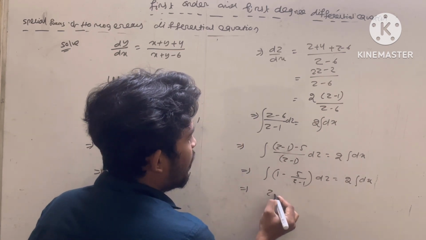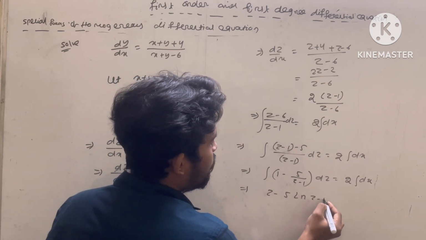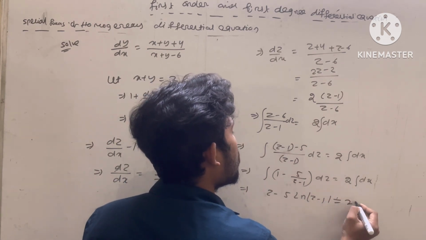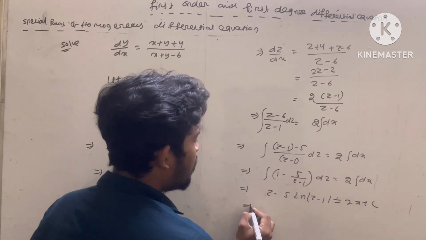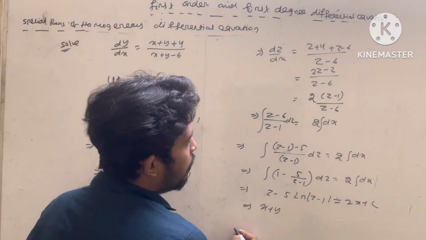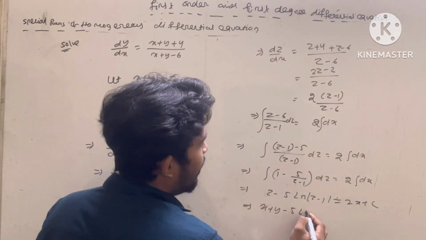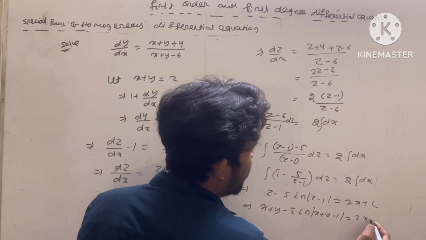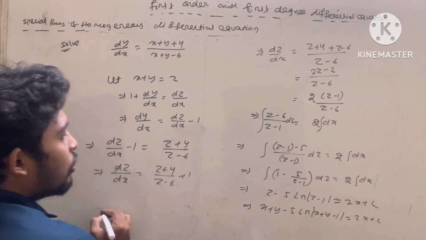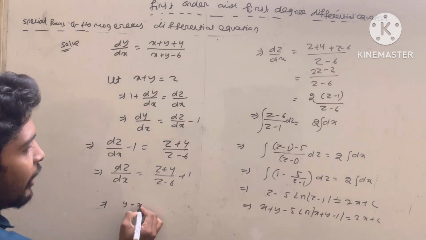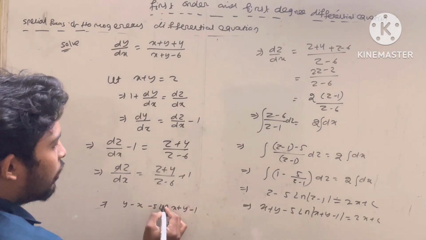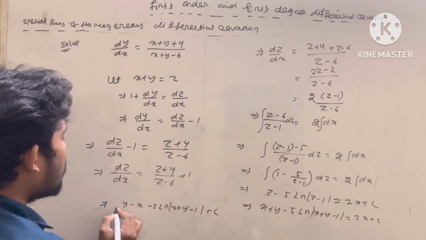So this becomes z minus 5 ln (z minus 1) equal to 2x plus c. So this is x plus y minus 5 ln (x plus y minus 1) equal to 2x plus c, and the solution is actually y minus x minus 5 ln (x plus y minus 1) is equal to c.